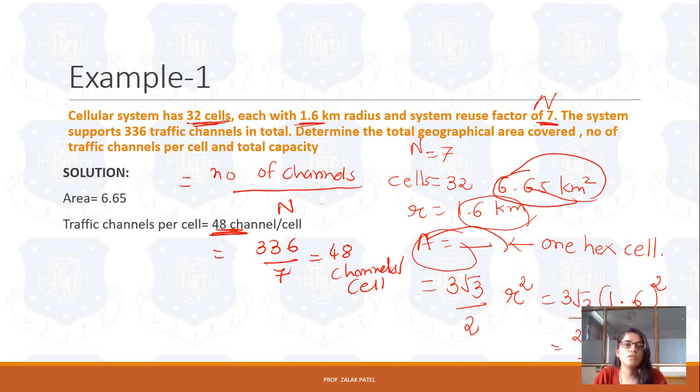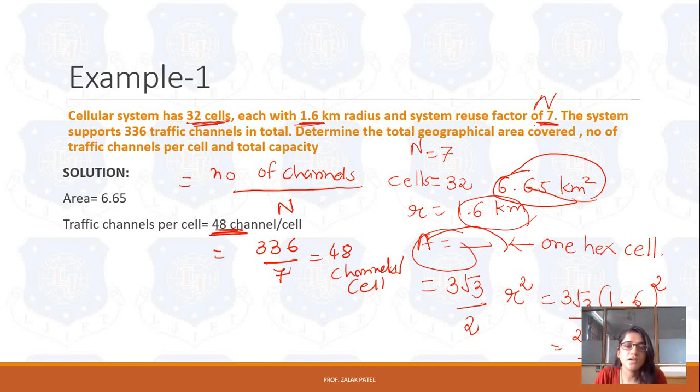Now the other question asked is to find the total capacity. Total capacity means the total number of channels, because the answer for capacity is always in terms of number of channels.